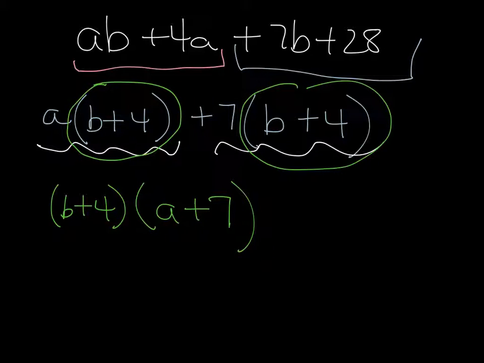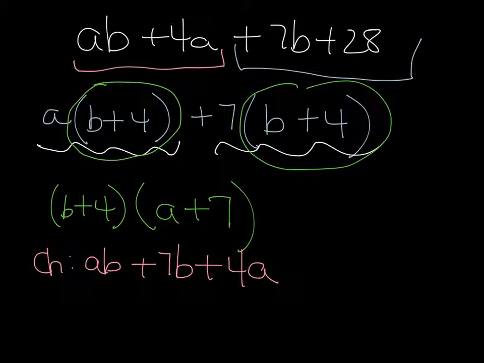So that polynomial factored into B plus 4 times A plus 7. And the cool thing is you can actually check this. If I FOIL this, B times A is AB, the outer terms, 7 times B, is 7B, the inner terms, 4 times A, is 4A, and 7 times 4 is 28.